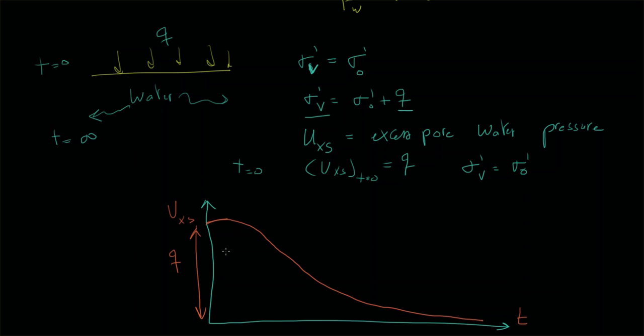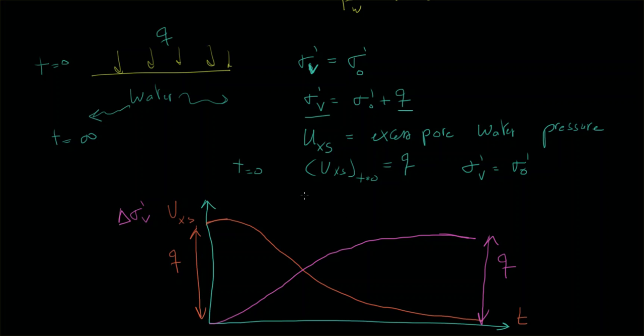As time passes, it dissipates because water is dissipating. It tends to 0. In purple, we have the stress in soil. Initially, it takes 0 from the surcharge and gradually starts to pick up until it's equal to Q. Or maybe this is the difference in stress in soil. So this is defined as the excess pore water pressure.